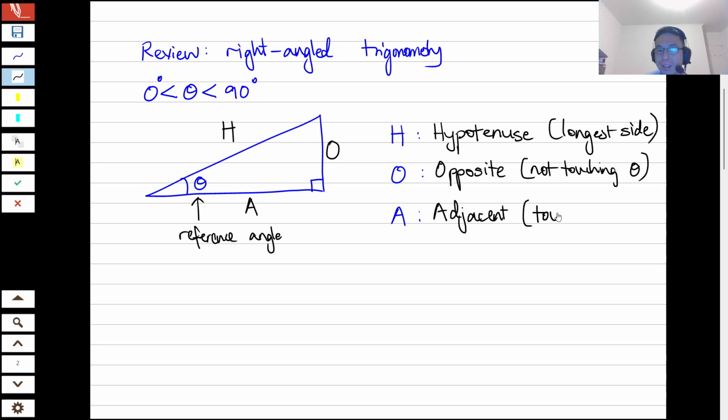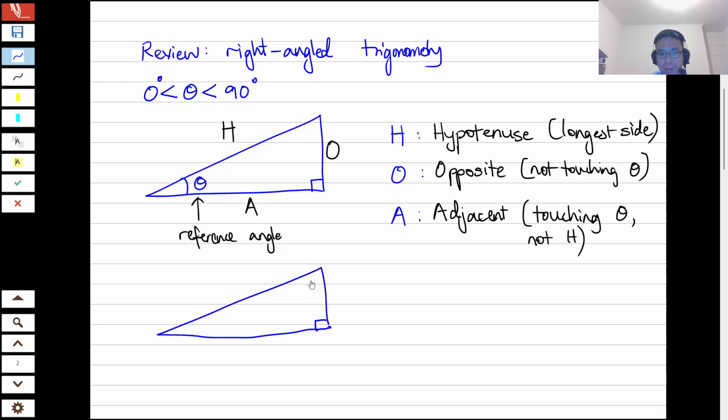This is the side that is touching theta, but it's not the hypotenuse. Okay, so for every angle theta, we have O, A, and H. If I drew the angle up here, then the hypotenuse would stay the same, but O and A would switch.